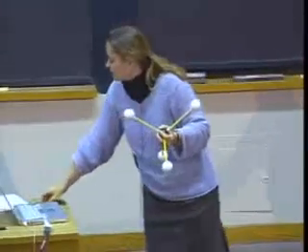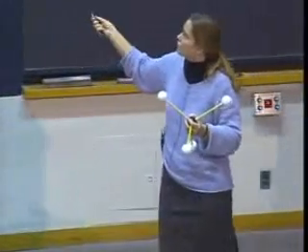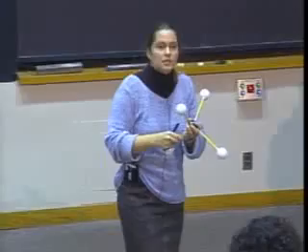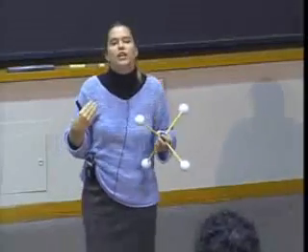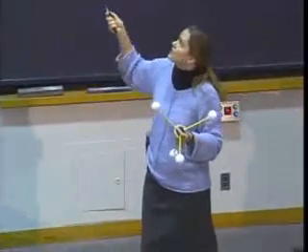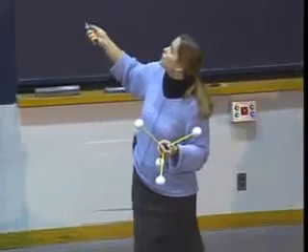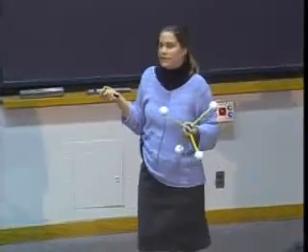For the purpose of this, you can just assume that if you have a tetrahedral complex, it will be high spin. So that will come into play when you figure out how to put your electrons into this diagram, whether you put them in singly to the fullest extent possible without pairing, or if you start to pair. So in this case, you can put them in singly to the fullest extent possible.